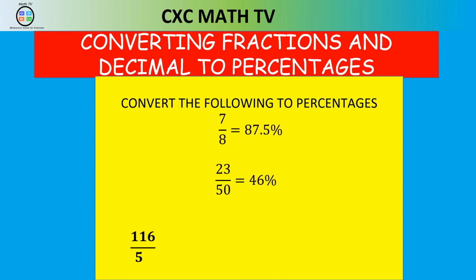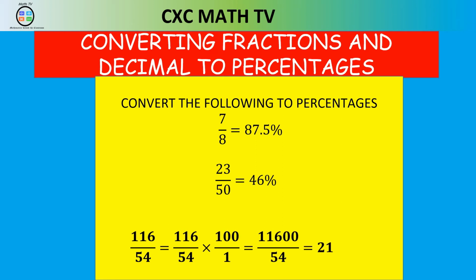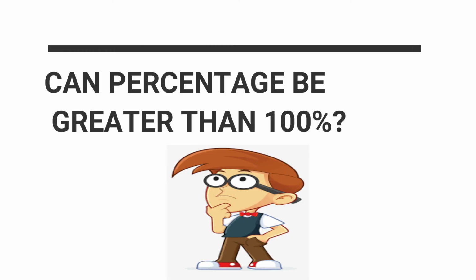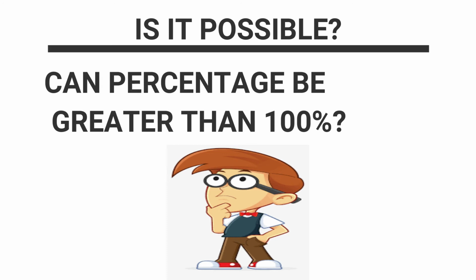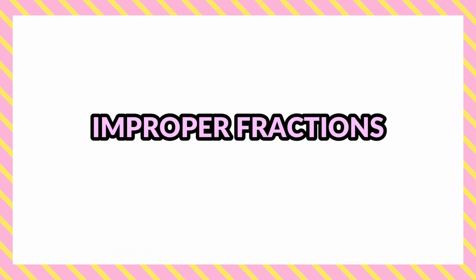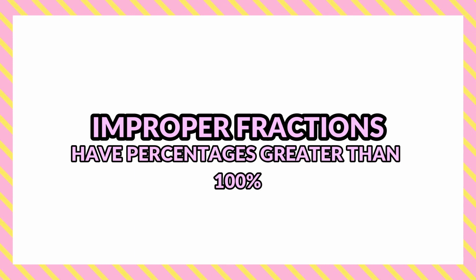You multiply it by 100. You get 11,600 divided by 54. You do the division. You get 214.8% to one decimal place. You're probably saying, that's greater than 100%. Yes, improper fractions are going to give you values greater than 100%.